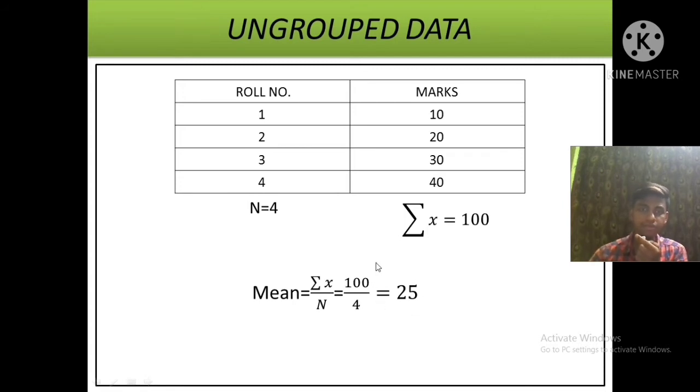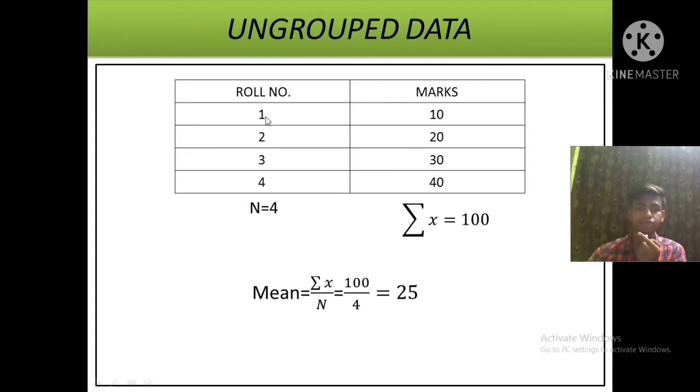Why does this belong to ungrouped data? Because roll number 1 indicates a particular person, roll number 2 also indicates a particular person, and so do roll numbers 3 and 4. These are not in a group; they are individual persons who have each got particular marks.